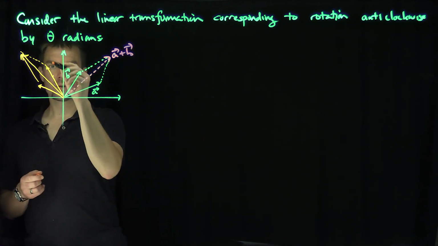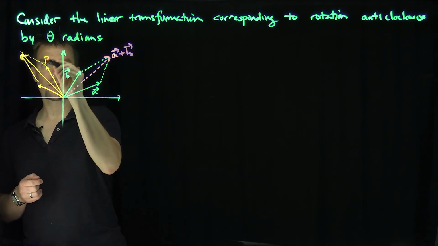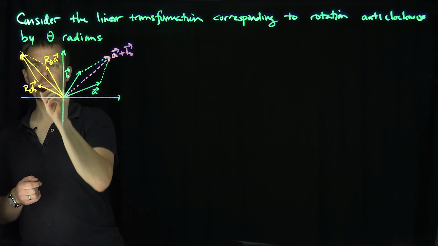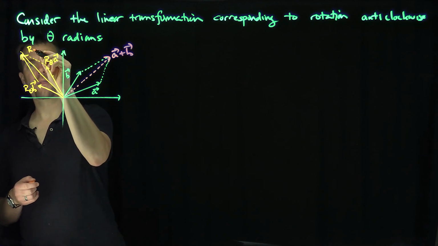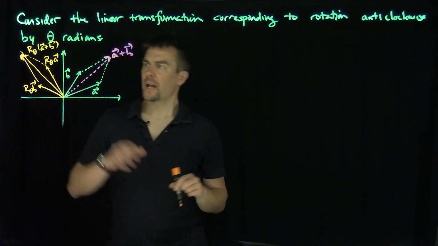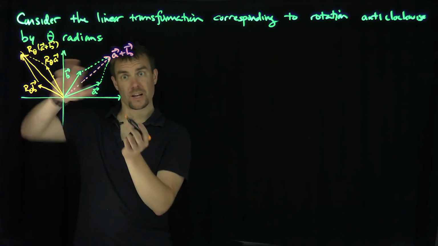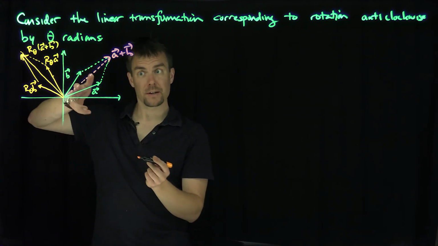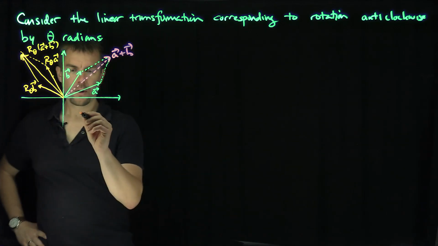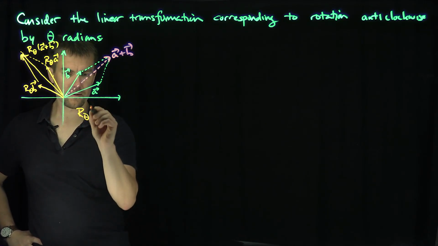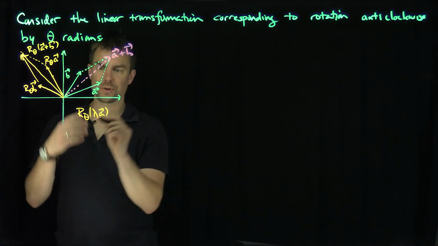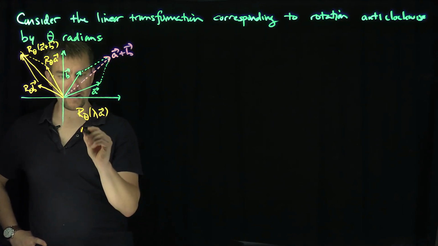So that's the rotation. That's R theta of A. That's R theta of B. And that, of course, is R theta of A plus B. In other words, the whole parallelogram is rotated by this angle theta, so I know that it preserves the linearity. And simply by scaling, if I scale A by lambda, if I do R theta of lambda times A, that's the same as just doing R of A and then scaling by lambda.